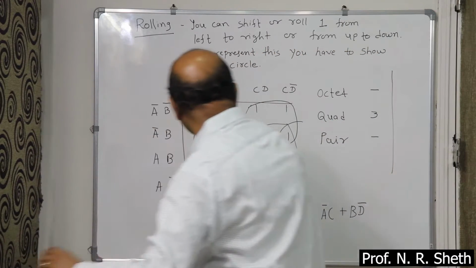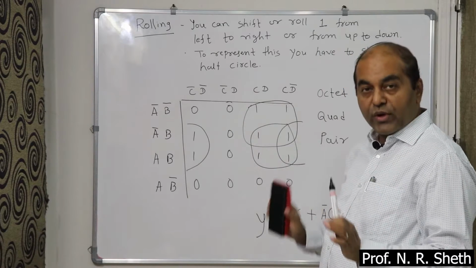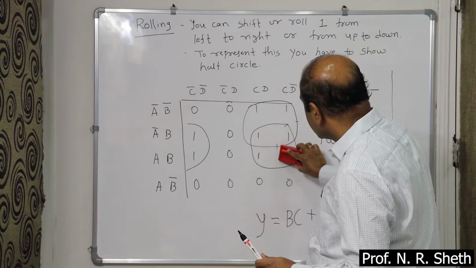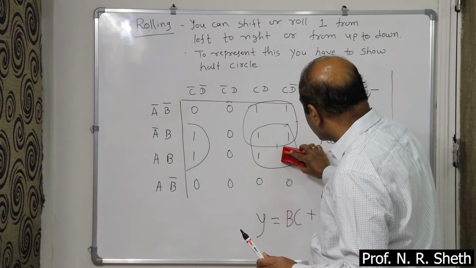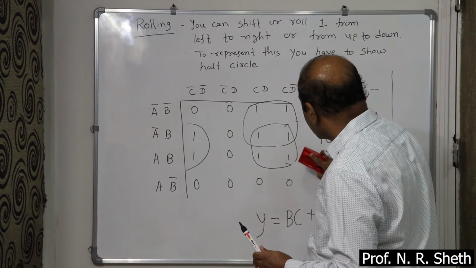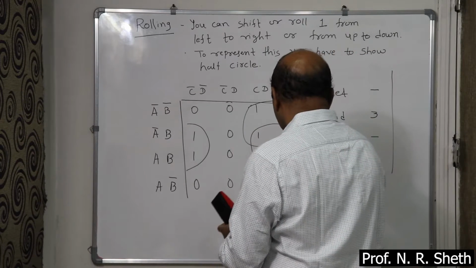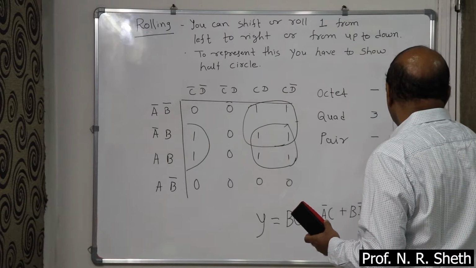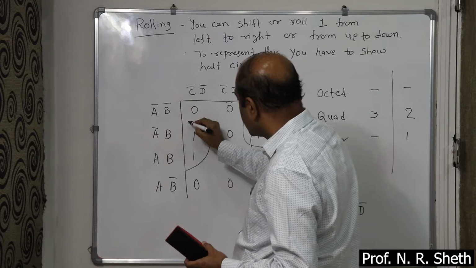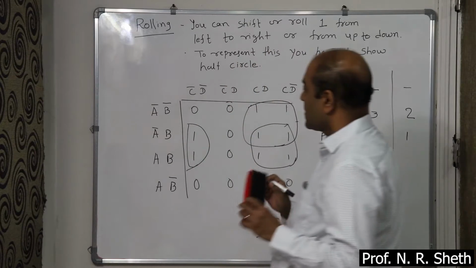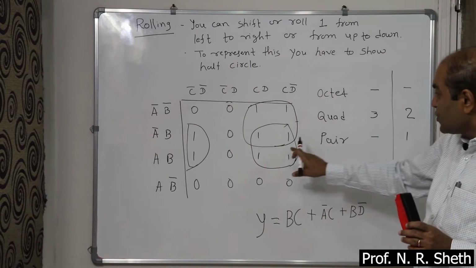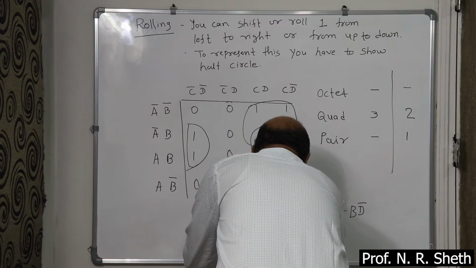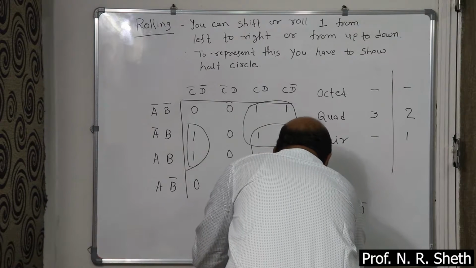Okay, if someone is not using the property of rolling, let's see this one. And say that I have two quads and one pair. So for this one, your Y equals BC.